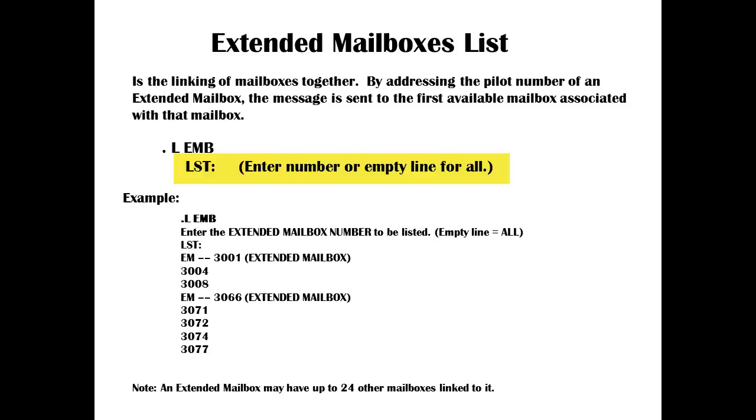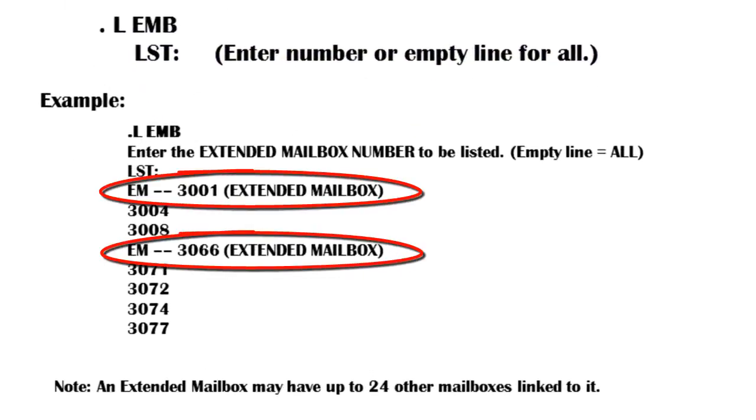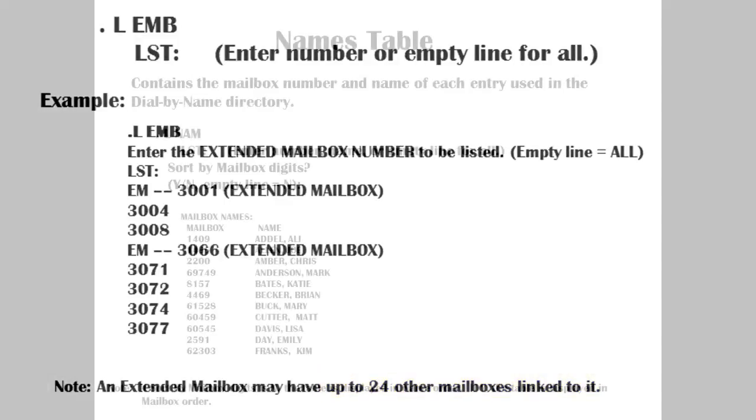Again, we are given the option to enter a specific number or an empty line for all. In this example, we see the pilot number of the extended mailbox and the linked mailbox members. Note that an extended mailbox may have up to 24 other mailboxes linked to it.